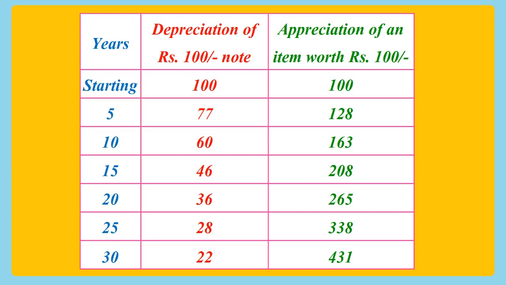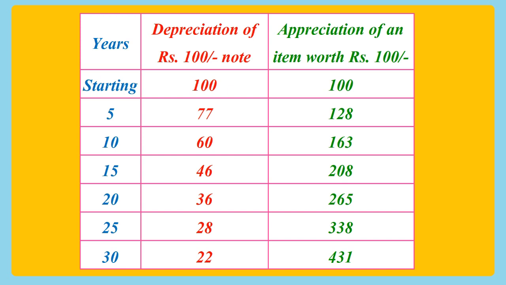Let's see in the table how this inflation depreciates 100 rupees every 5 years and how it increases the value of an item. You can understand many details from the table. 5 years later, 100 rupees depreciates to 77 rupees at 5% inflation.